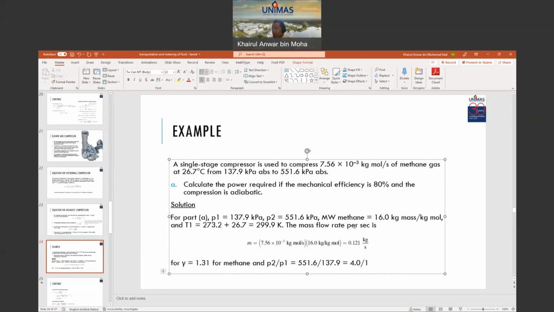The mass flow rate per second is 7.56 times 10 to the minus 3 kilogram mole times the molecular weight of methane. You get 0.121 kilogram per second. This is methane, so gamma is 1.31, and P2 over P1 is 4.